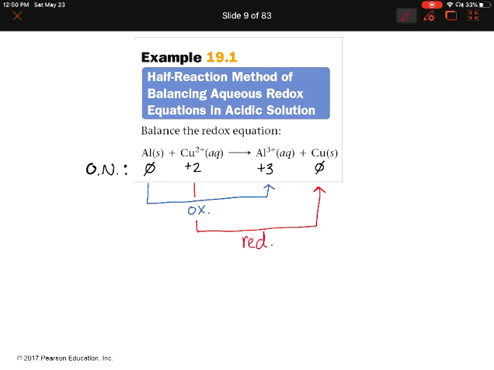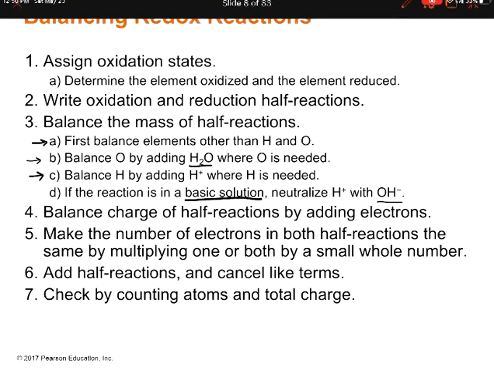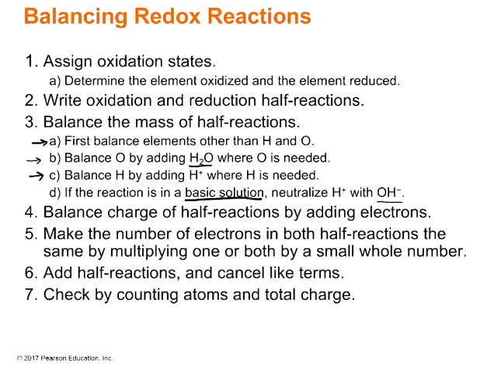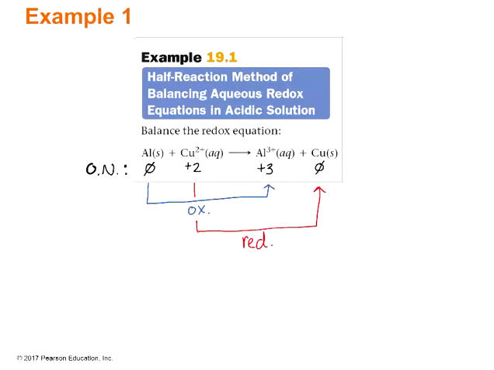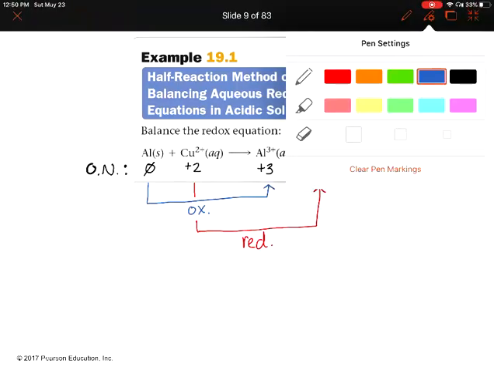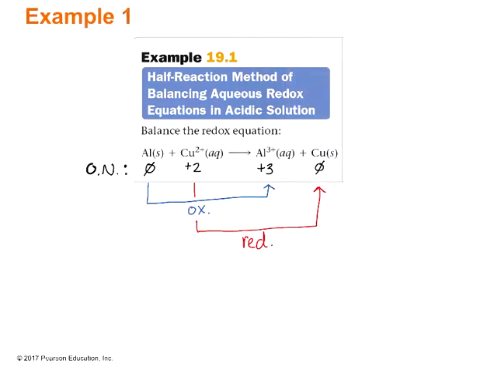Okay, so we can then write out the half reactions. So that's step 2, write oxidation and reduction half reactions. So let's write the oxidation half reaction and the reduction half reaction.